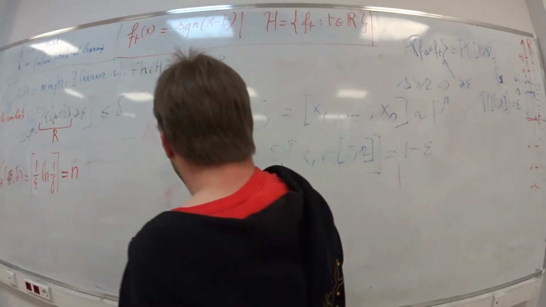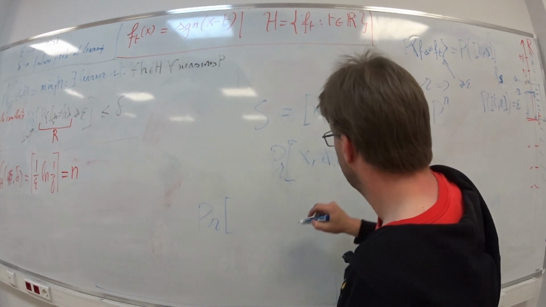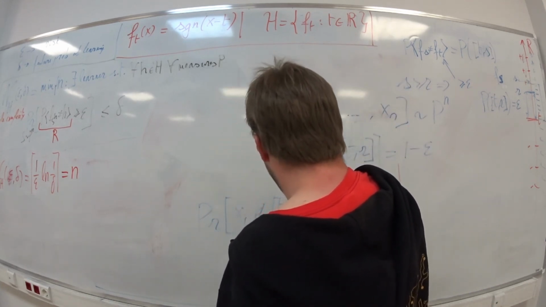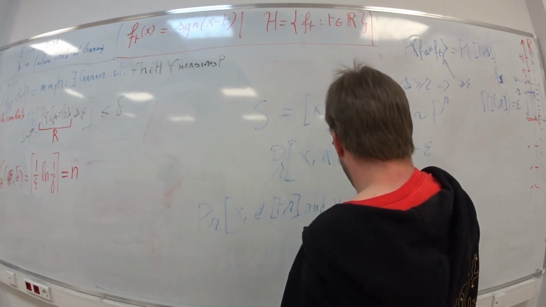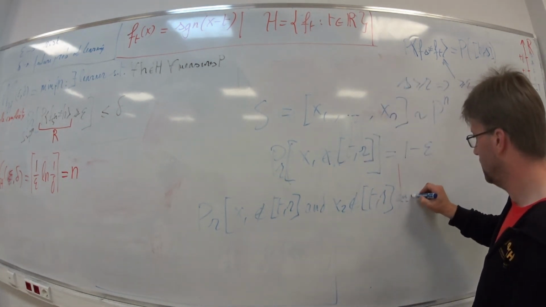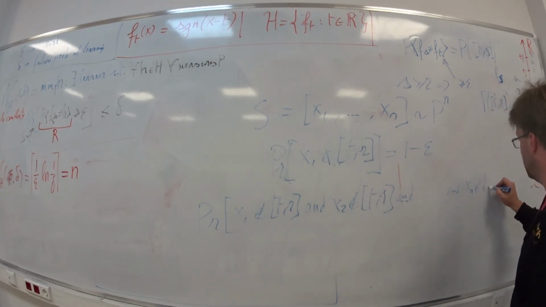But we are interested in the probability that x1 not in Tr and x2 not in Tr and so on, xn not in Tr.